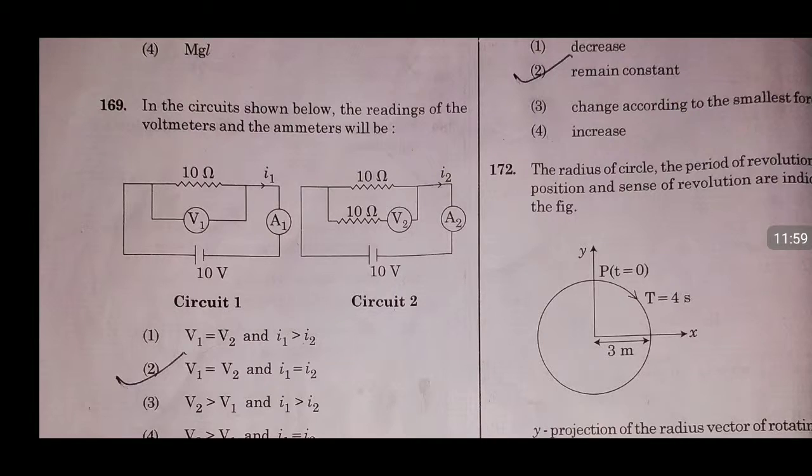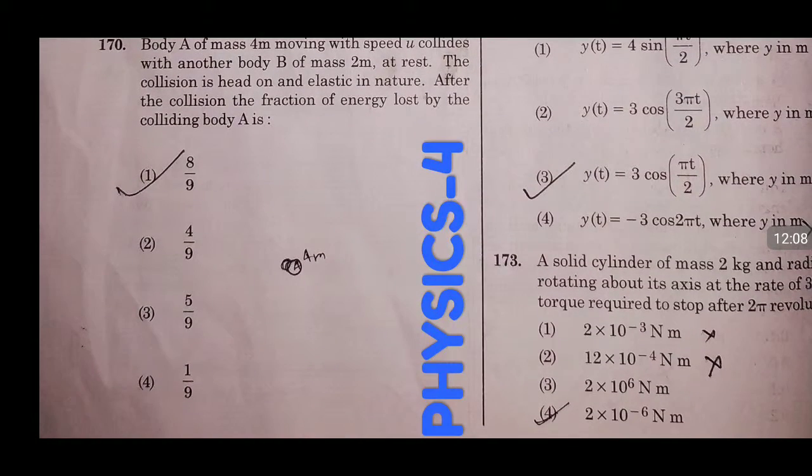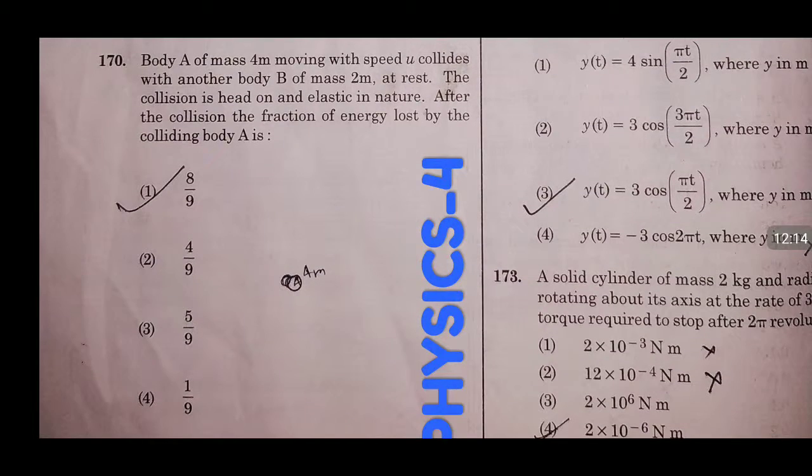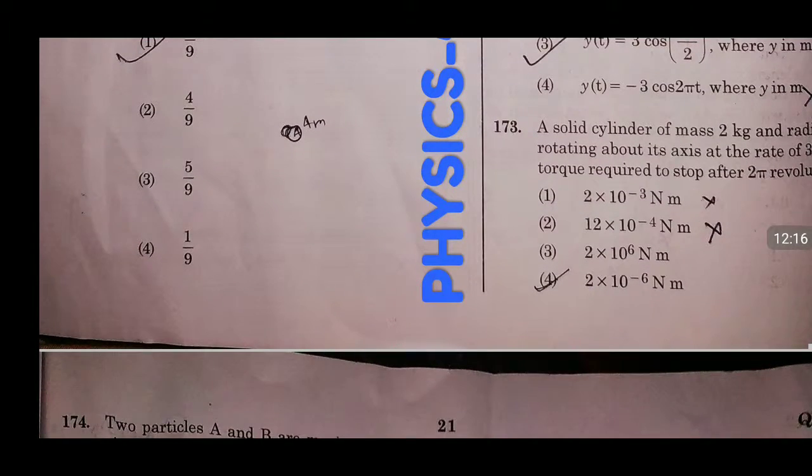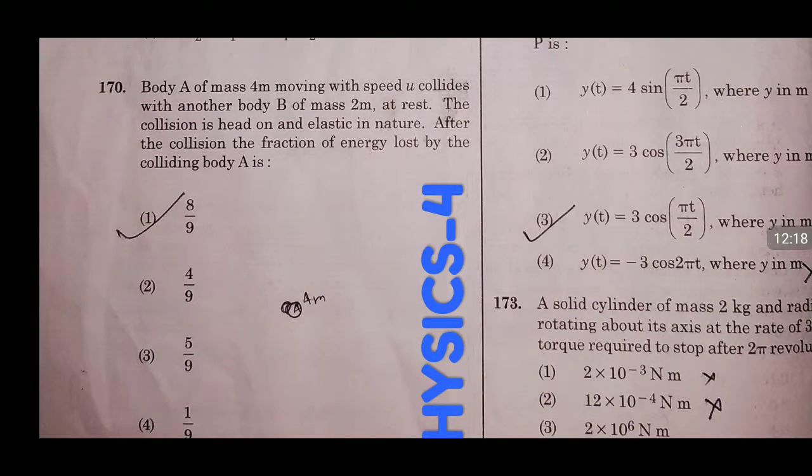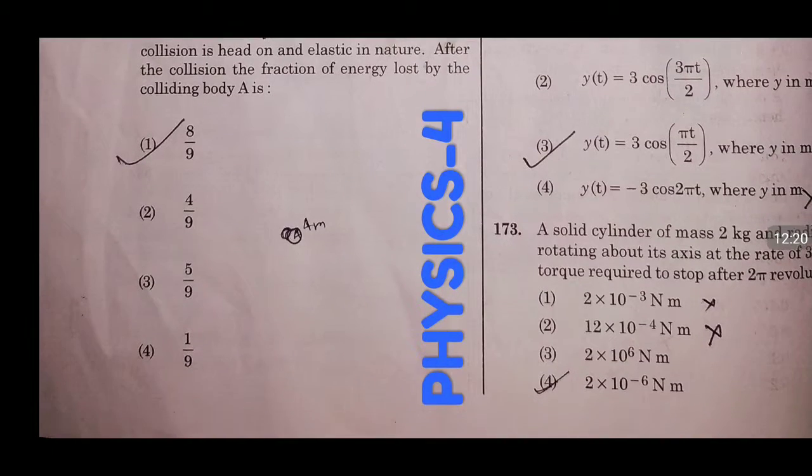The radius of circle, the period of revolution, position and sense of revolution are indicated in the figure. Third option, y(t) equals 3 cos pi t by 2, where y is in meter. Third option will be right option regarding this question.